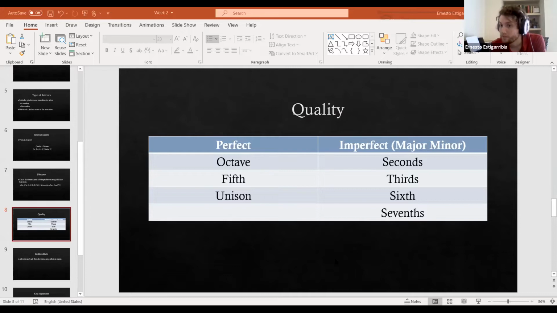Is it two sharps? Almost. Cut that by half. One sharp. F is F sharp. Exactly. Very good, Dimitri.